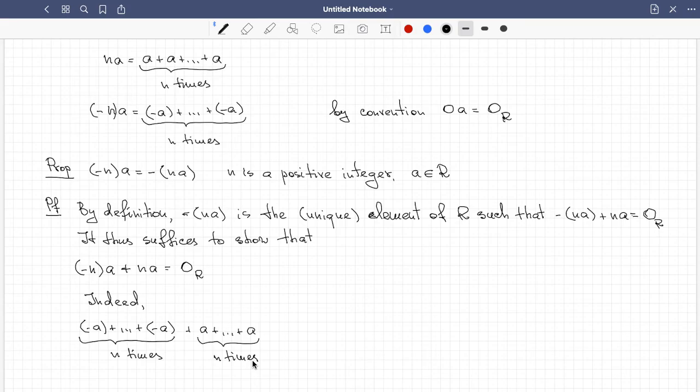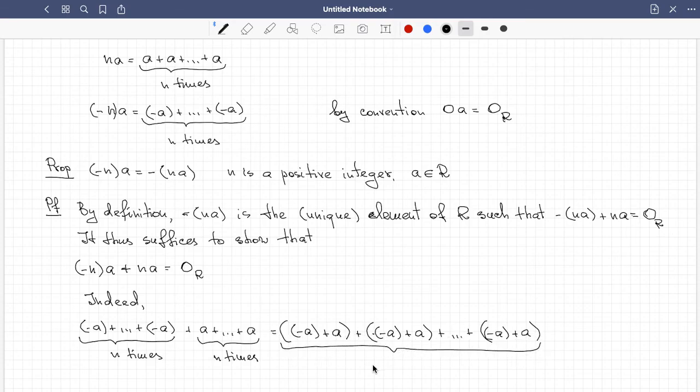Now, since addition is commutative, we can reshuffle them, saying that this is negative a plus a, plus negative a plus a, plus dot dot dot plus negative a plus a, n times, and every time we have negative a plus a, by our definition of negative a, this is 0.